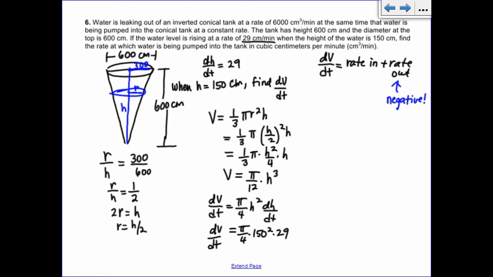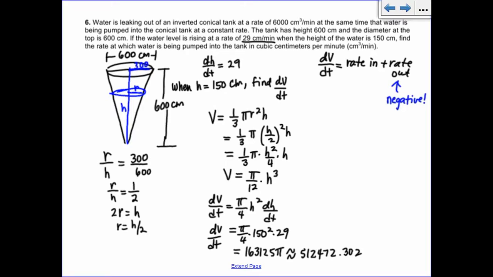I'm just going to find it as a decimal. Well, it would be 163,125 pi. But as a decimal, it would be 512,472.302. Lots of twos.